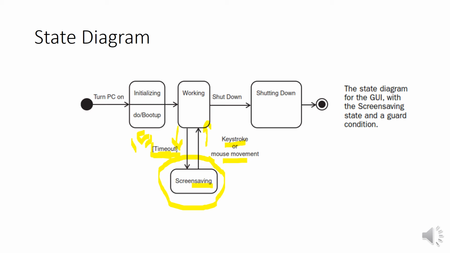If there is no activity, the GUI transitions from working to screen saving state, and when some activity happens, for example keystroke or mouse movement, the GUI transitions back from screen saving to working state. So this is the state diagram for GUI with the screen saving state and a guard condition.